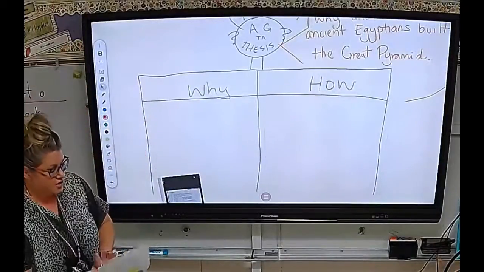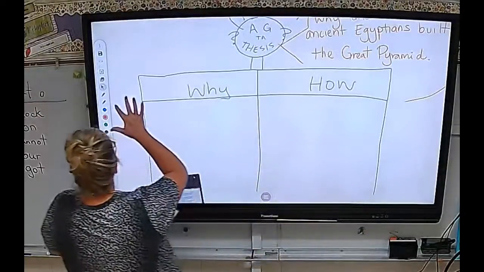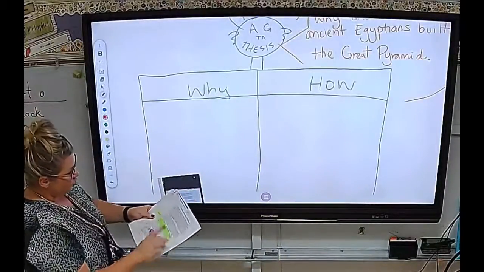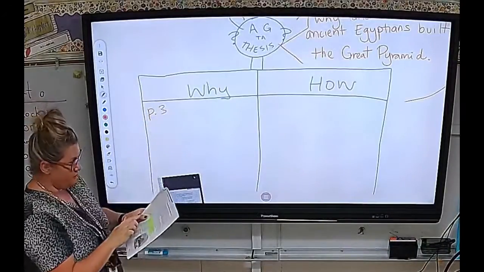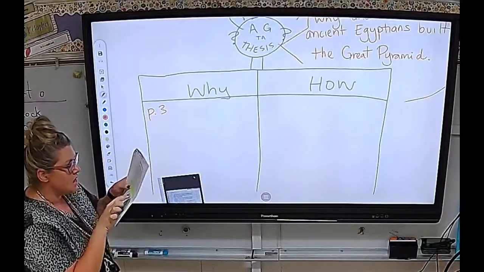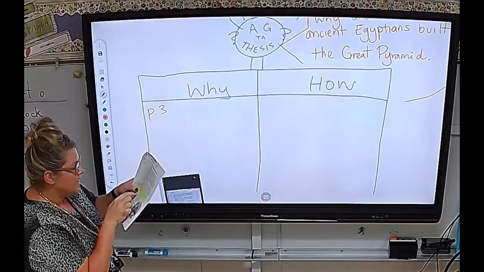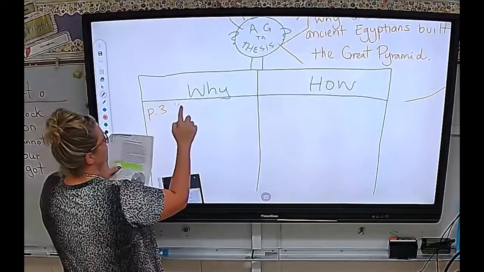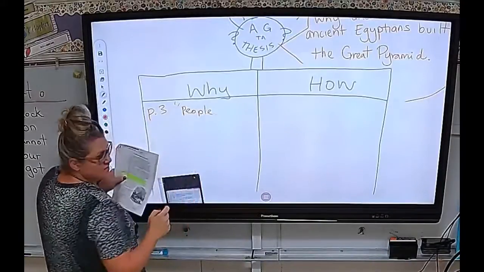So for why, I have paragraph 3. So I'm going to put a P3 for paragraph 3. And I'm going to look back and see that sentence that says, people thought their rulers could take their belongings with them into the afterlife. So I'm going to put that right here. People thought, and I'm going to write that sentence.